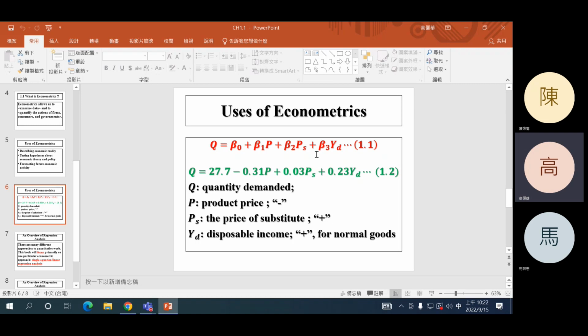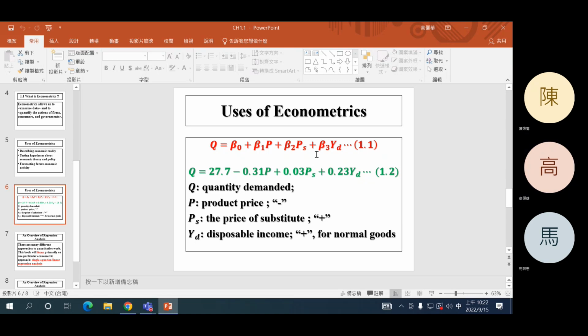So I say this is the negative effect. It's reverse. When price goes up, the quantity demanded goes down. Then how about the price of substitute?